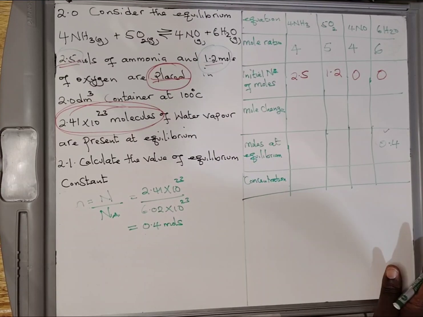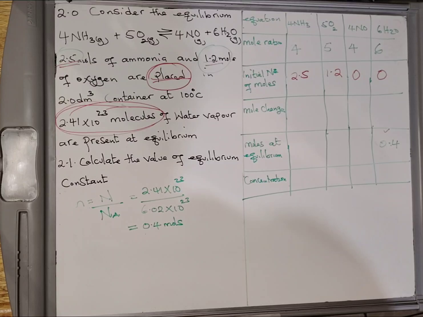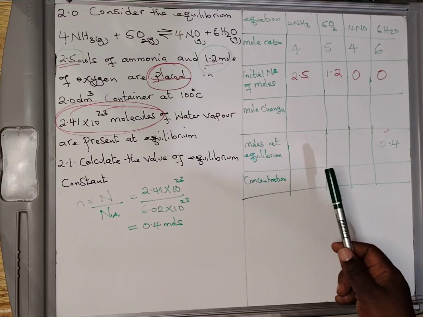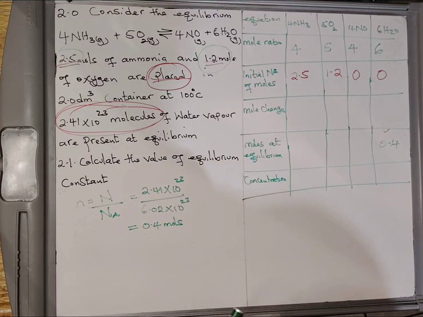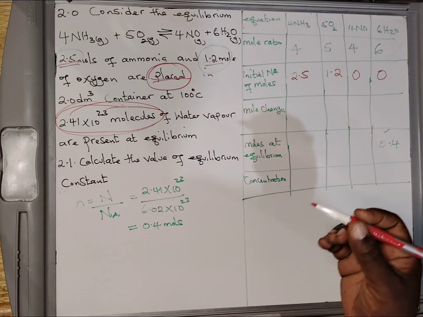There's something you have to know, which is very important here. During the reaction, when the reaction is just starting, there is only one direction, and the direction is what? Forward.